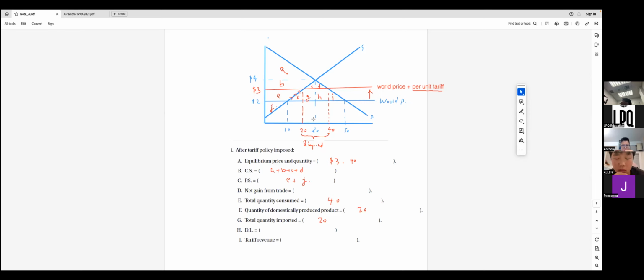Because as the US government, you are collecting the importing tariff. All the quantities before 20 are produced by domestic producers, so you cannot collect any money, charge any tax before 20. So between 20 and 40, the total tax revenue is GNH. Total tax revenue is GNH.